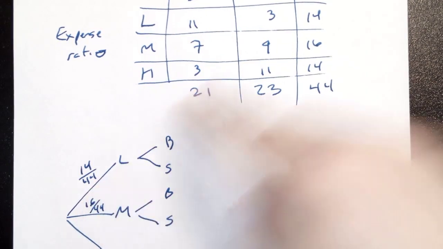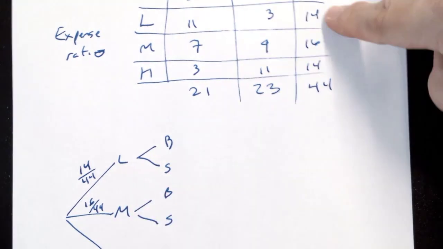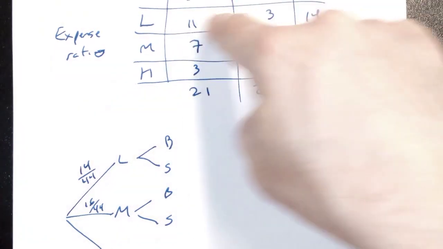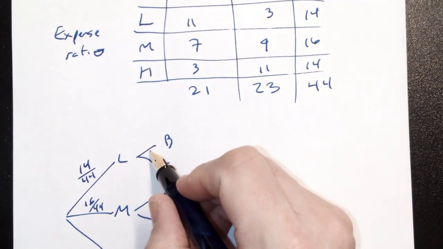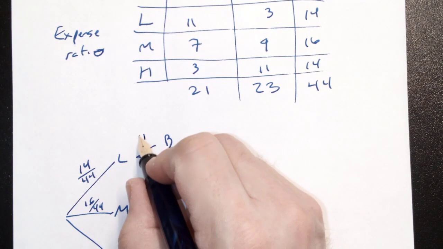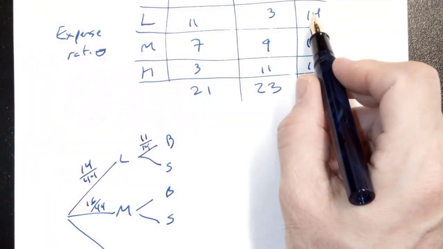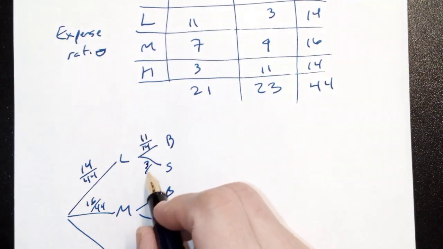Because if I'm up here, I know I'm restricted to this first row. If I'm in this first branch, I must be in this first row. So the probabilities have to go with these numbers. So this top number here, what's the chance I end up here? That's 11 out of 14. And the chance I'm on the bottom is 3 out of 14.